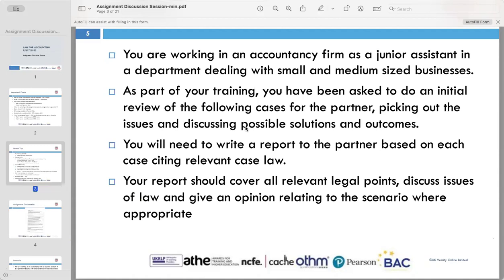Your job is to review these cases, point out any problems, and talk about possible solutions. To do this, you need to write a report for your senior or your boss. In the report, you should include all the important legal details related to each case. This means mentioning any relevant laws and discussing the legal issues involved in similar situations that have been dealt with in past case law.